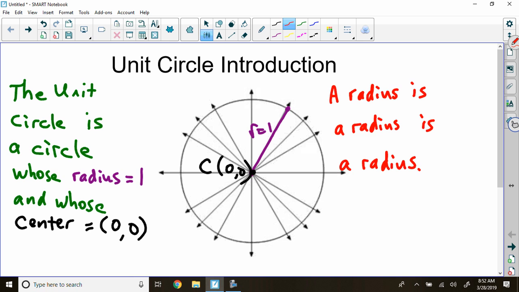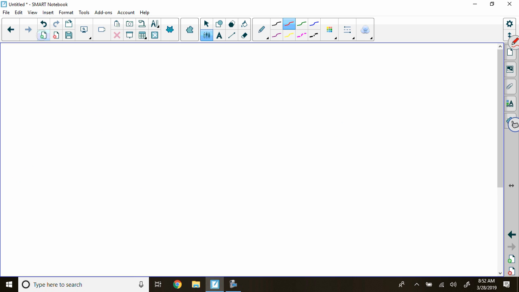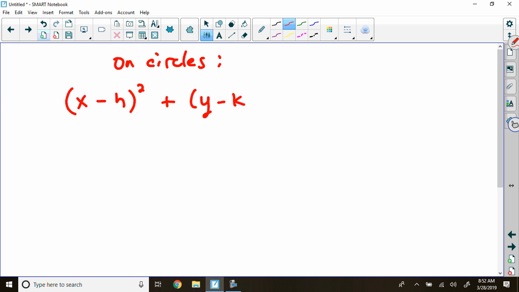So let's take a little trip down a rabbit trail about circles. On circles, x minus h, the quantity squared, plus the quantity y minus k, the quantity squared, is equal to r squared.